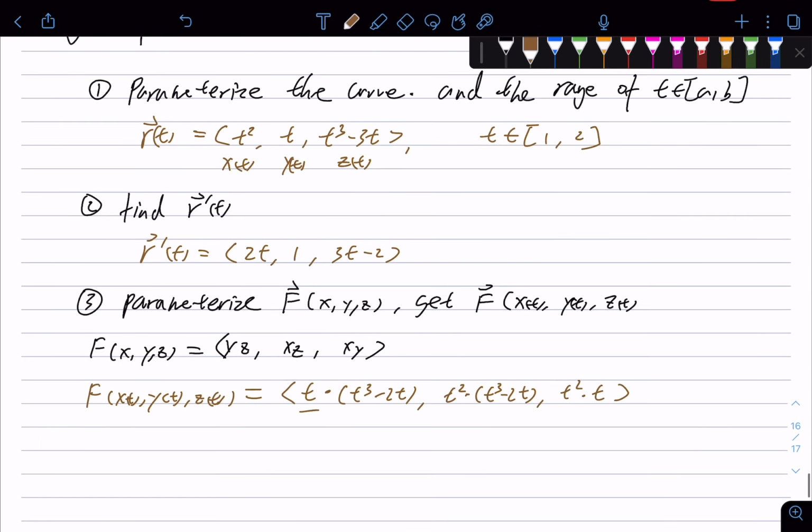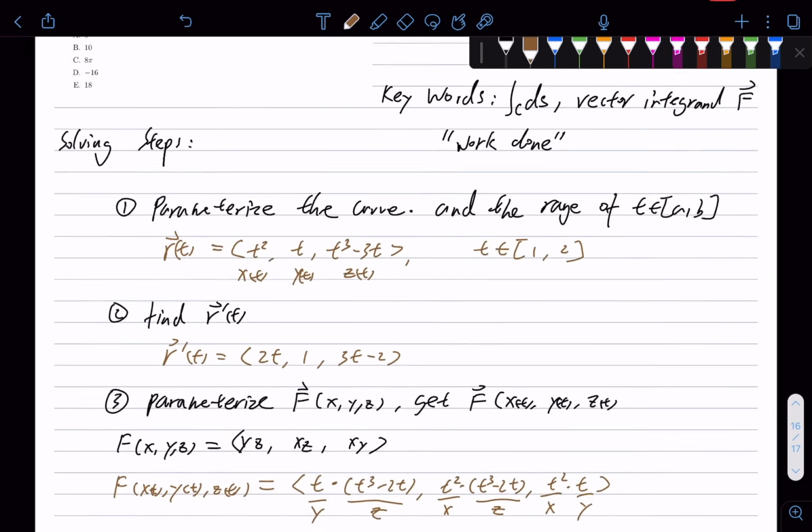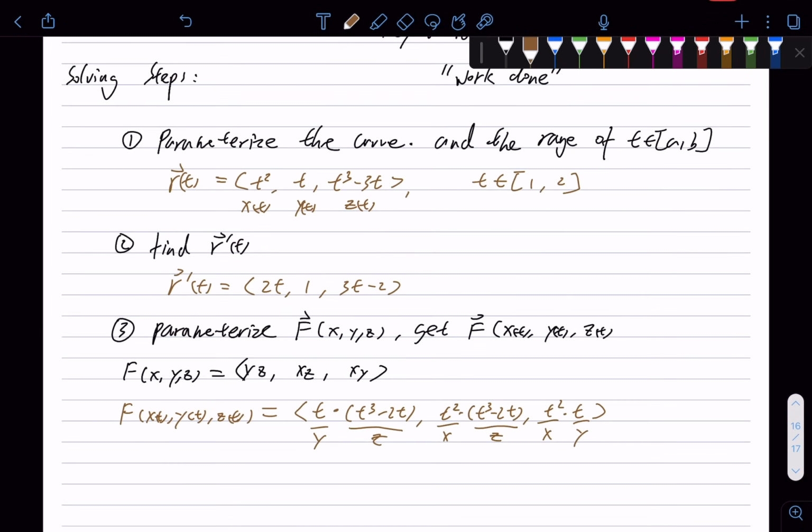So this is just y, this is z, this is x, this is z, this is x, this is y. So this is just our original vector field parameterized.